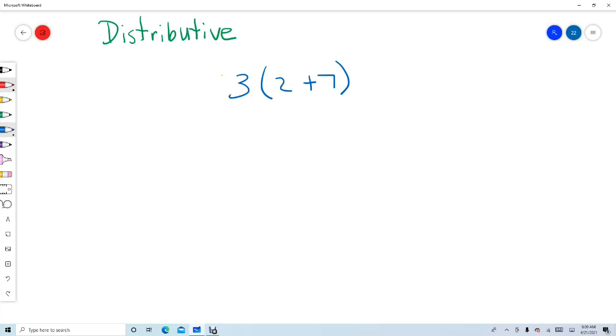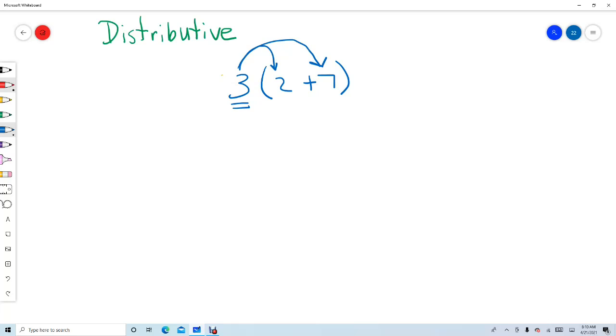All right, let's go to 103. It's the distributive property. We covered the distributive property way back when we talked about distributive, commutative, and associative, maybe a few others. The distributive property tells us that if we have a number outside some terms in parentheses, this number, this 3, gets distributed over each term inside the parentheses.